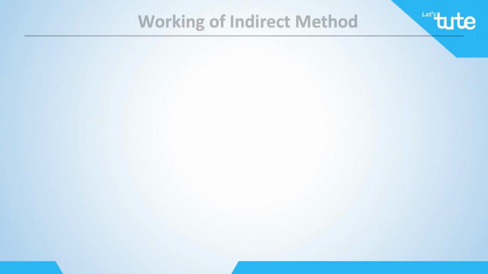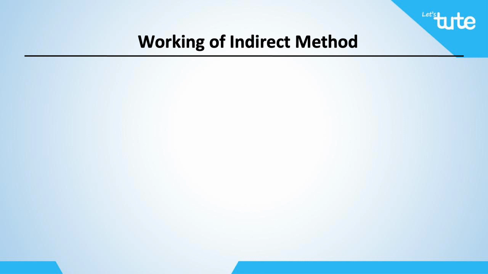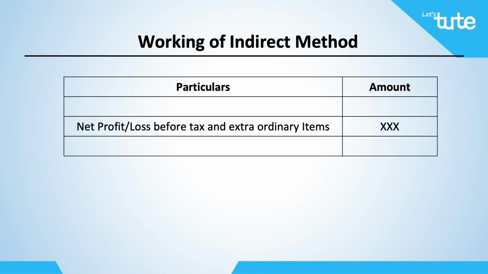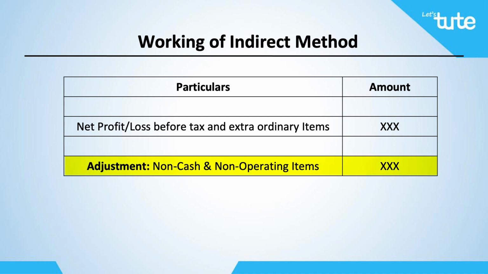Let's understand the indirect method of how a cash flow statement works and how it is prepared. Firstly, we need to take the figure of net profit or net loss as shown by the income statement or the P&L statement. Here we can take net profit before tax and extraordinary items, then make the adjustments for non-cash and non-operating items.